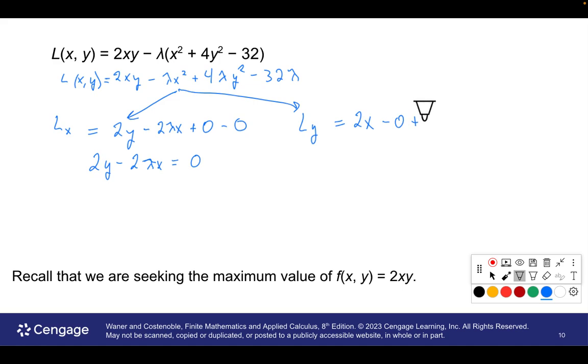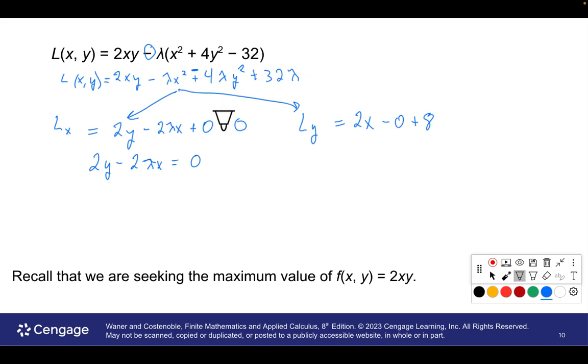Thanks for correcting me on that, I had it as plus 4y squared, so I'll make that a plus.